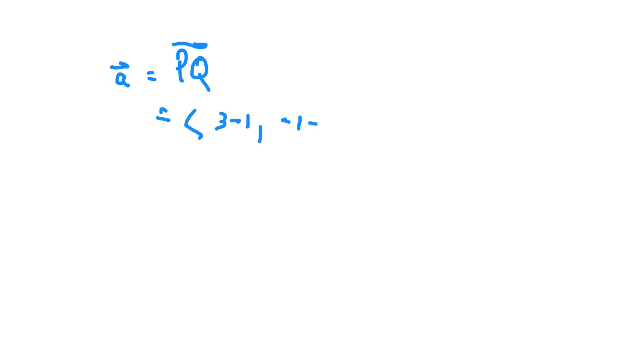So what we're doing is we're verifying the vectors A and B from example 5. So let's see, 3 minus 1, negative 1 minus 3, and 6 minus 2. And we get the vectors 2, negative 4, and 4. Yeah, that checks out.